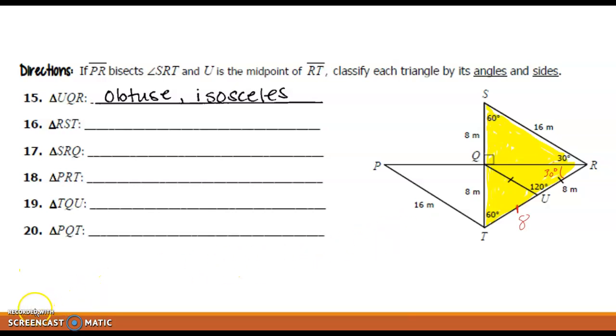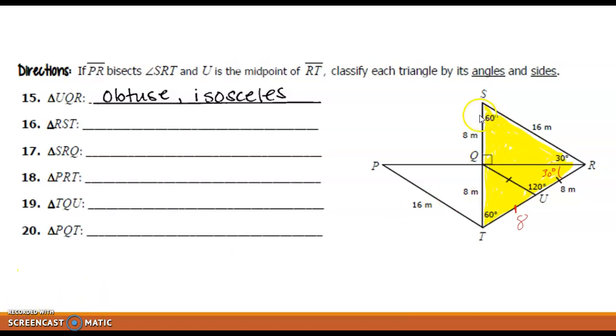Let's see if there's anything else going on though. If you look further, you're going to notice that this is 8 and this is 8 as well. So that means all three sides are 16. You can also check right here because this angle is 30 degrees, and so this angle is 30 degrees. So that means all the angles are 60, which means it's an equilateral and equiangular triangle.